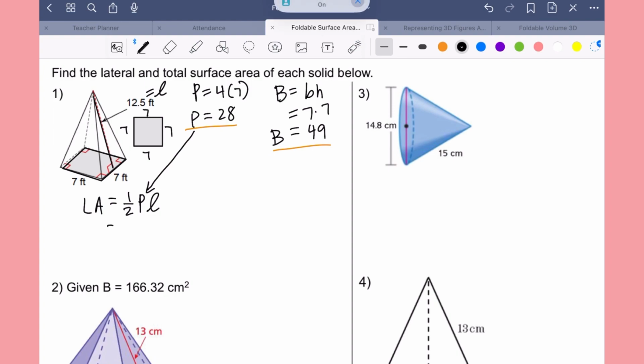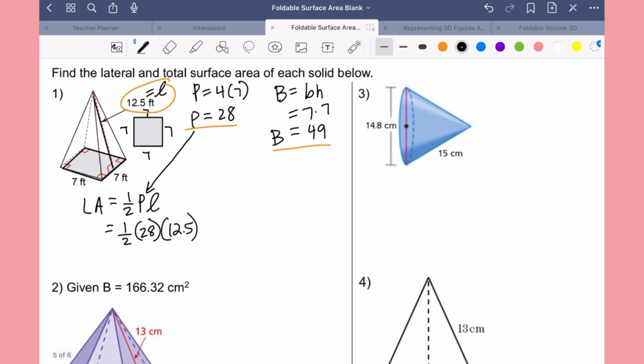And so now we just plug it in. 1/2, follow it like a recipe. You're inserting 28 for your perimeter. And then what is my slant height for the pyramid? We have it over here. 12.5. So times 12.5.